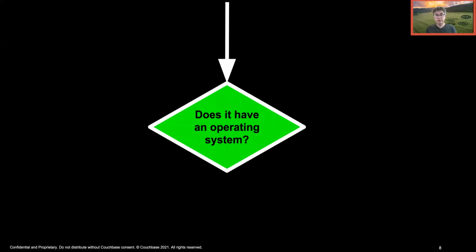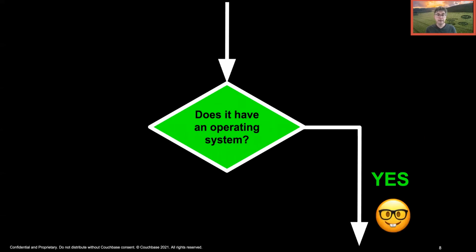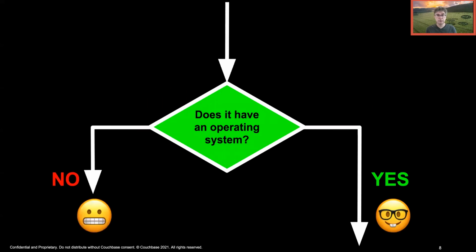So the primary criterion that we found important for deciding what we could reasonably support with Couchbase Lite was, does it have an operating system? If it has an operating system, we think we're good. Otherwise, we're not able to support it yet, although we are actively investigating some of these smaller systems.